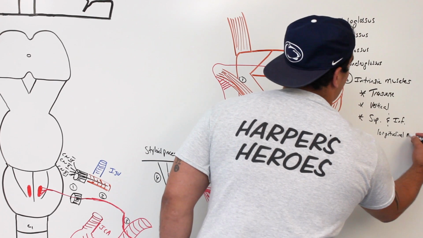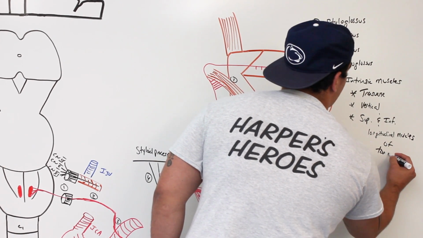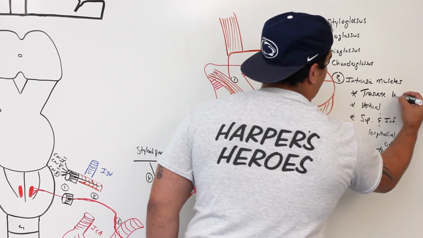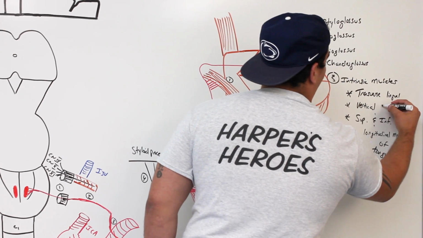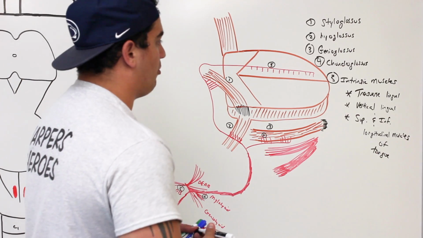Longitudinal muscles of tongue. Okay, so what is it supplying? It's supplying the transverse and the vertical lingual muscles. Okay, and it's supplying the superior and inferior longitudinal muscles of the tongue.